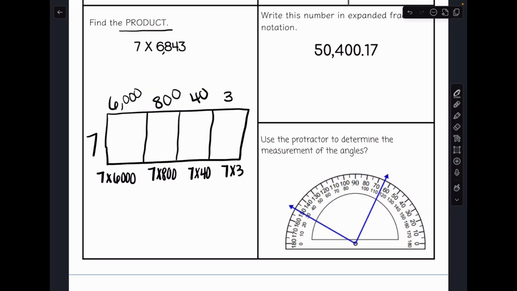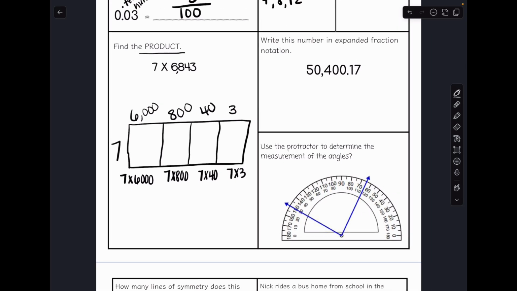Okay? I broke it down for you. I want you to write your multiples of 7. So 7 times 1, 7 times 2, 7 times 3, 4, and so on.